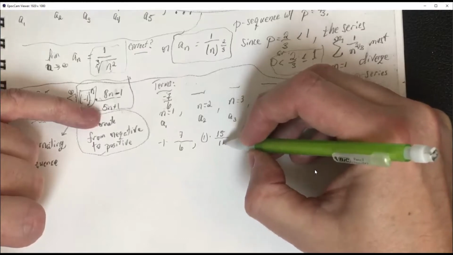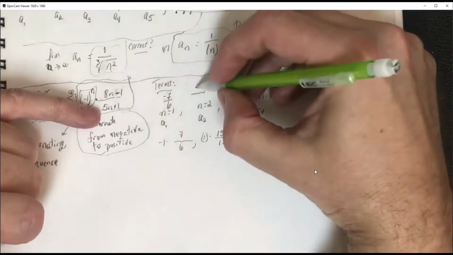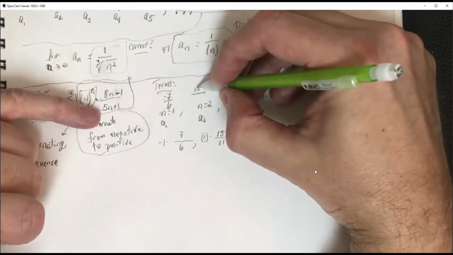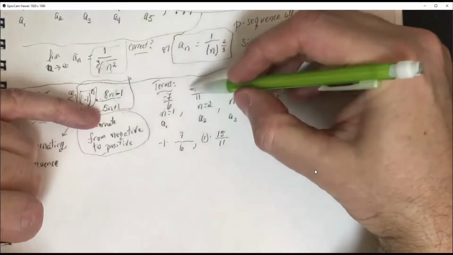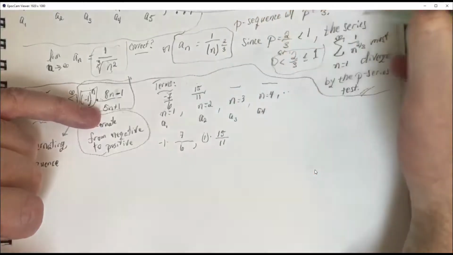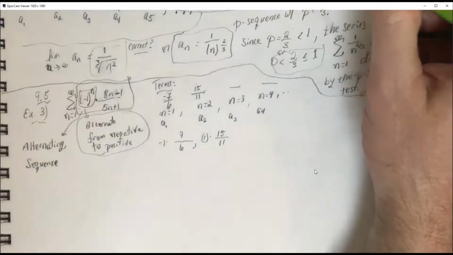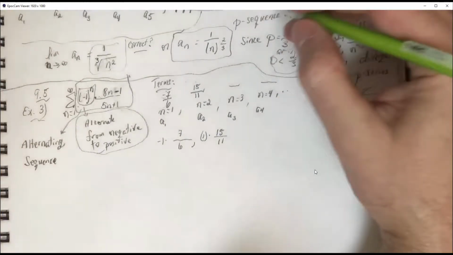And 15 over 11 times 1 is 15 over 11, but positive. And now we have this negative, positive forever, which makes this alternating. Yeah, the sequence is an alternating sequence.